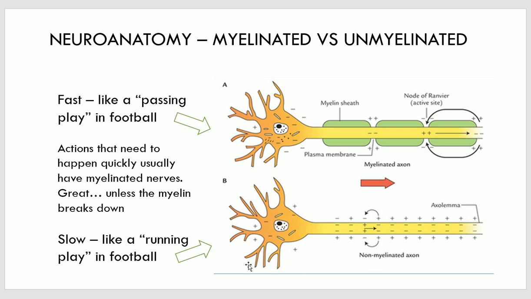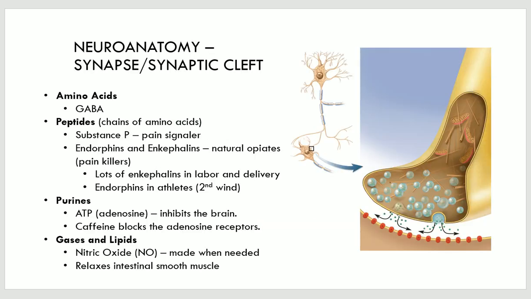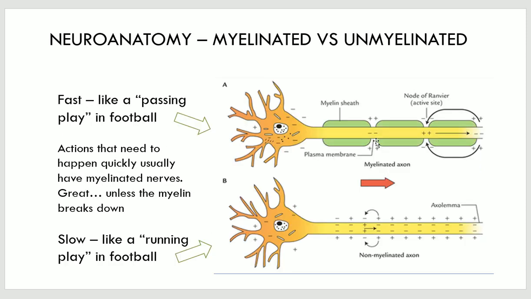So unmyelinated, continuous conduction; myelinated, saltatory conduction. And again, these gaps are called nodes of Ranvier. It's French. And again, just one last time, myelinated is fast, saltatory conduction; unmyelinated is slow, continuous conduction.